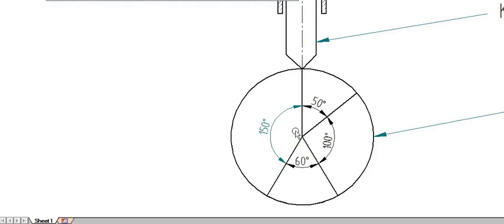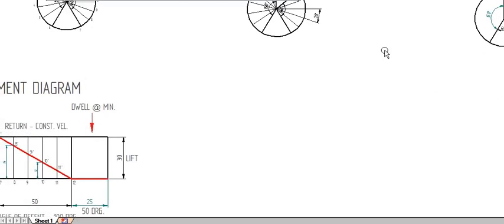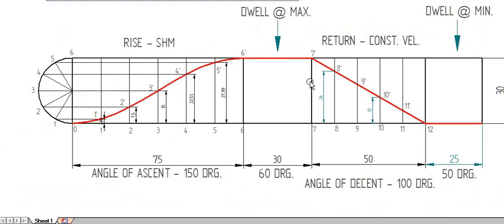Okay. After that, we have to make the partition for SHM and constant velocity. In the displacement diagram, we have made partition for SHM as 6 sections, 1, 2, 3, 4, 5, 6, and constant velocity as 5 sections.